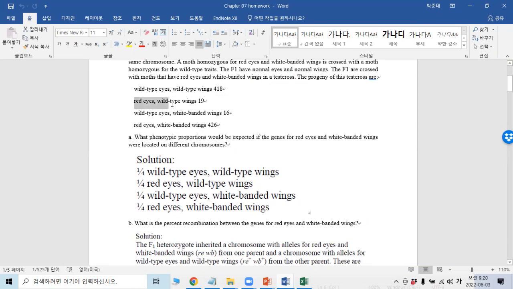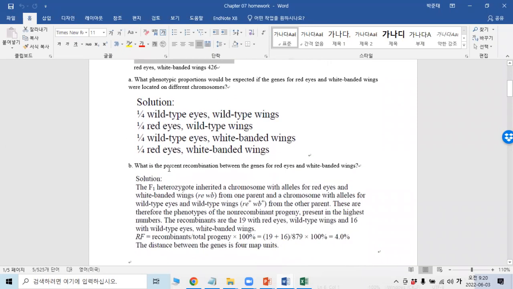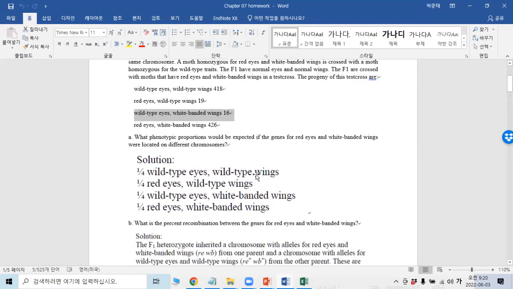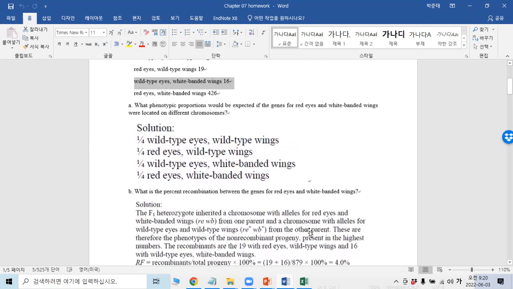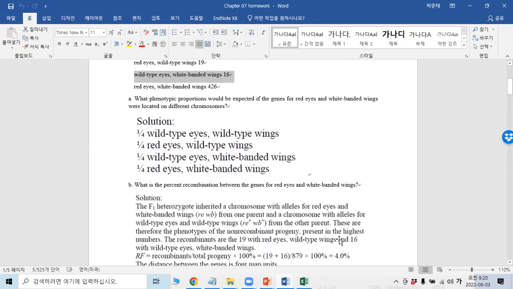This one has a small number, so it is recombinant, and this is recombinant. Based on the numbers, we can calculate the percentage of recombination: 19 plus 16 divided by the total number. 4% is the percent of recombination.